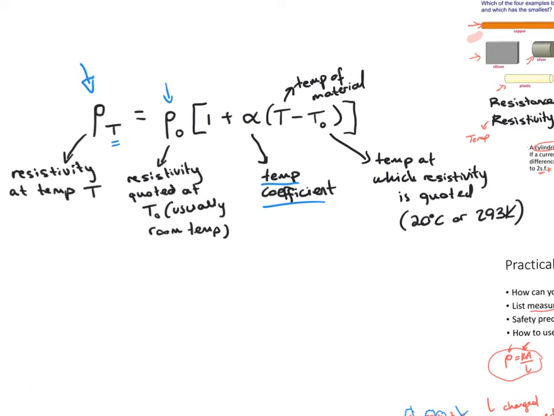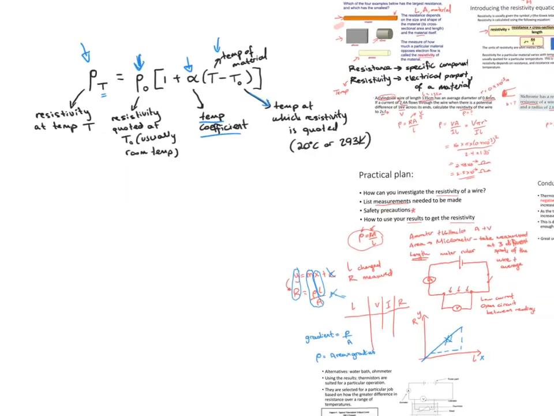So these are constants that should be given or investigated before an experiment. This is the temperature that the material will need to reach, and this is the temperature at which the resistivity is quoted. So if it was a room temperature, then I'll need to use that temperature. So I mentioned that bit. We move on from here.